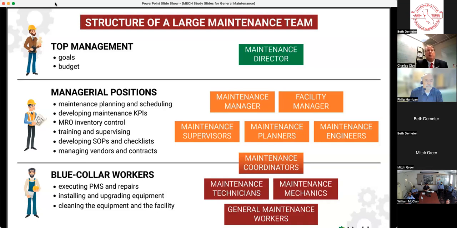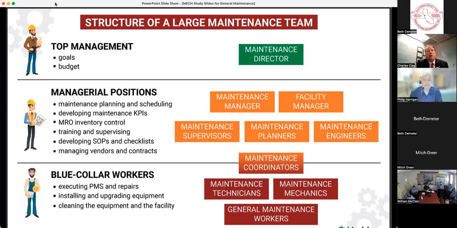The manager's position may be maintenance planning and scheduling, developing key performance indicators, inventory, training, supervising, developing standard operating procedures, checklists, and managing vendors and contracts. I think this is important. A lot of manager positions are having more and more of this.